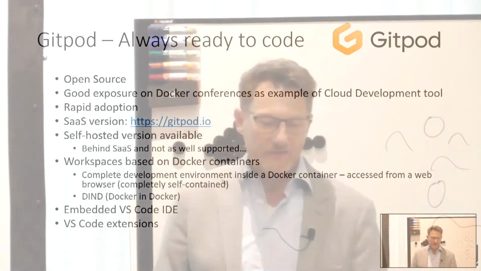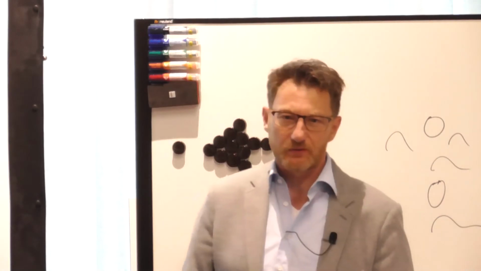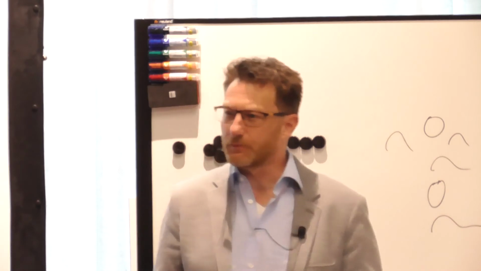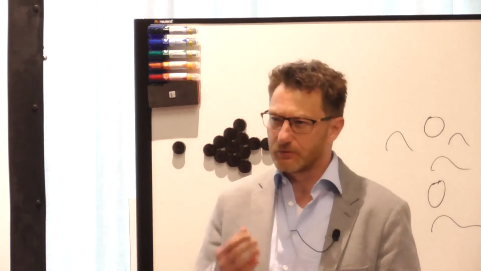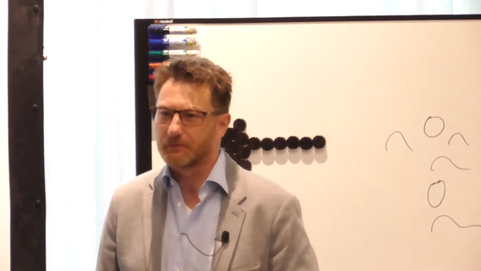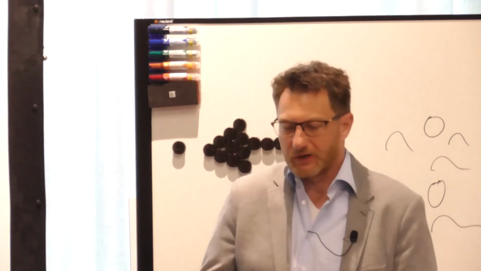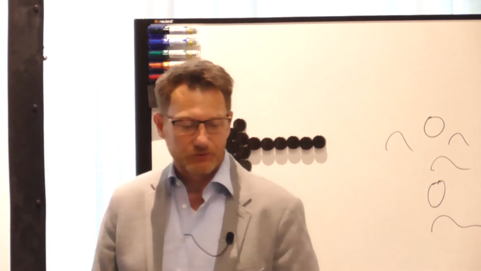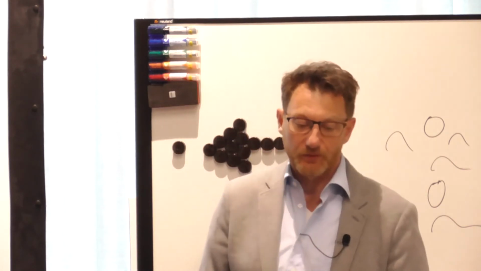They call them ephemeral workspaces, meaning you start up a workspace from scratch. If you want to develop something, you do your task, you commit, you push, you shut down the workspace, and it's gone. So really you start up and delete workspaces all the time for each task. We looked into that one, and that looked very promising.